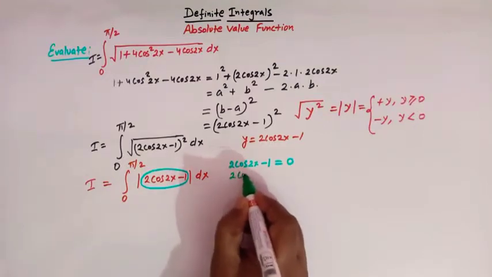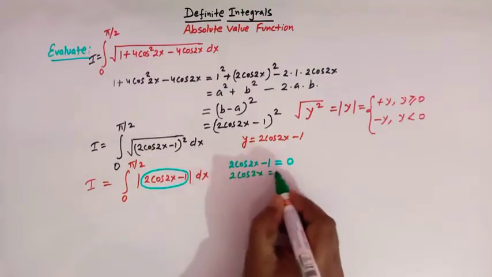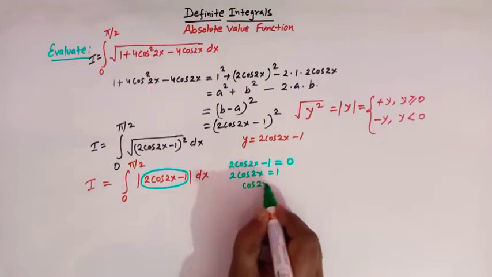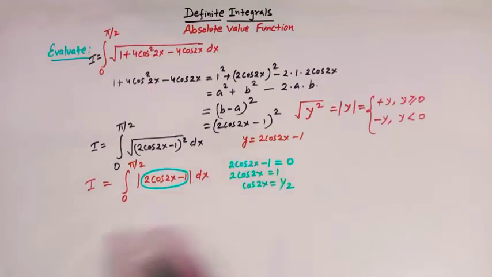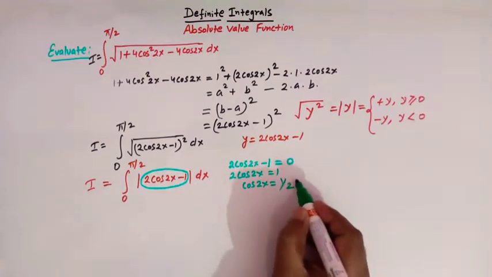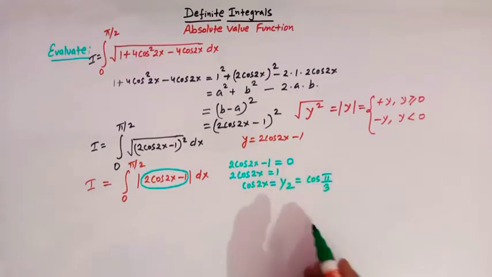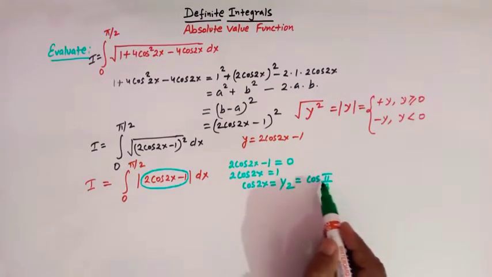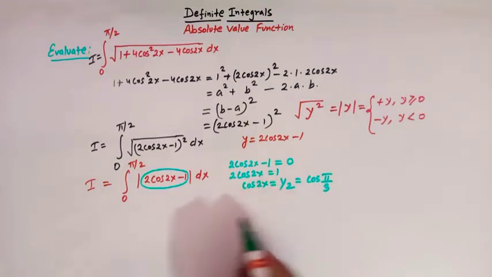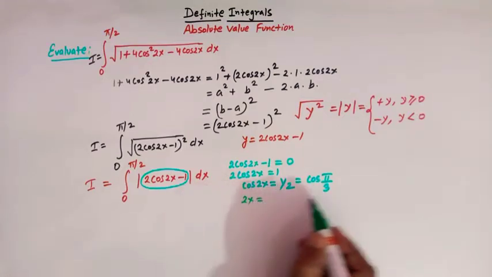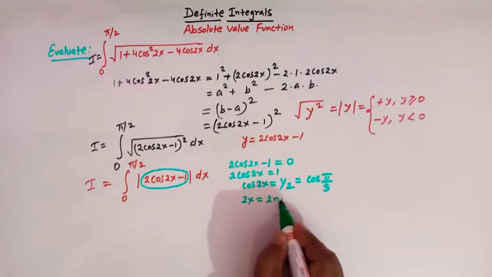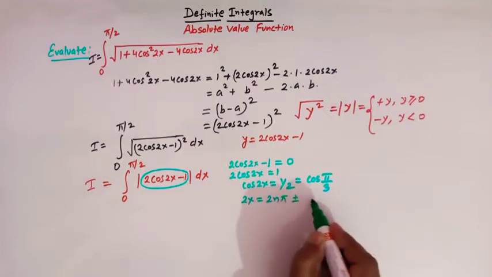So we have 2 cos 2x is equal to 1, so cos 2x is equal to half. And we know that cos pi by 3, that is cos 60 degrees, is equal to half. So we have 2x is equal to 2n pi plus minus pi over 3.